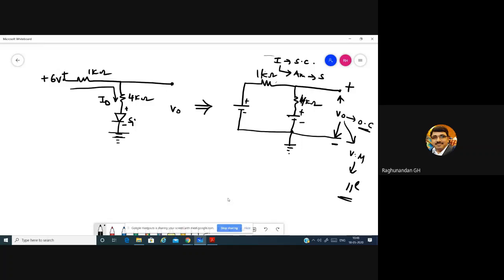So now we'll apply Kirchhoff's voltage law, KVL. This is one loop I'm considering, and this is the other loop. Let us take this as loop 1 and this as loop 2.